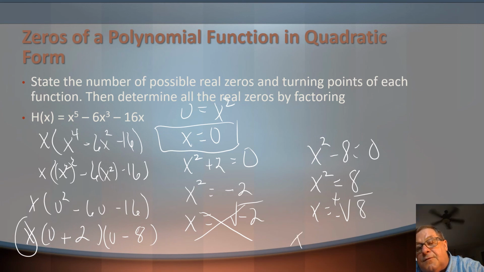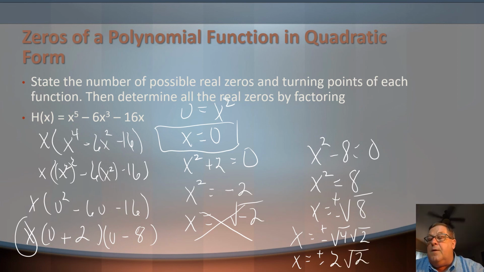You don't have to necessarily. Where x is equal to plus or minus, it's the same thing as plus or minus square root of 4 times the square root of 2. And we know that the square root of 4 is 2.